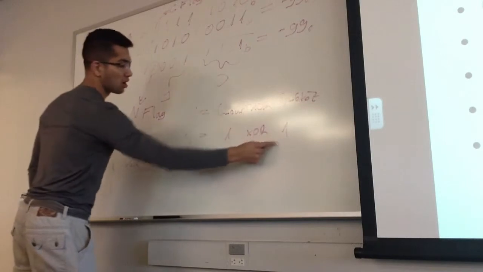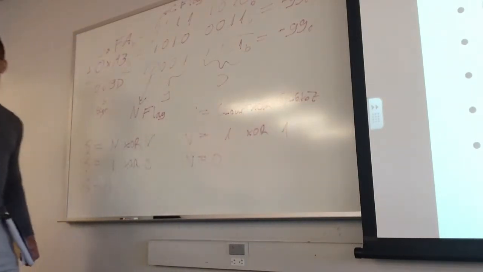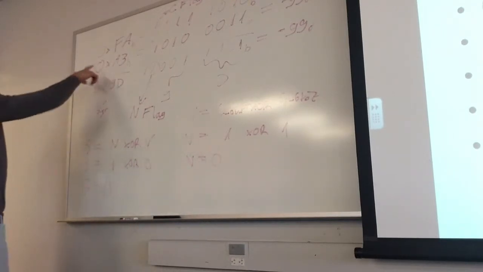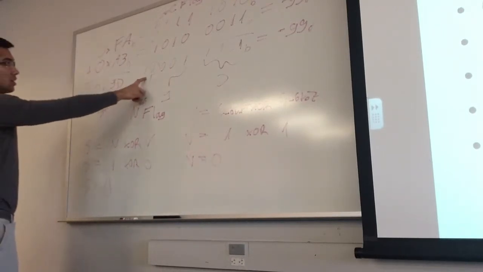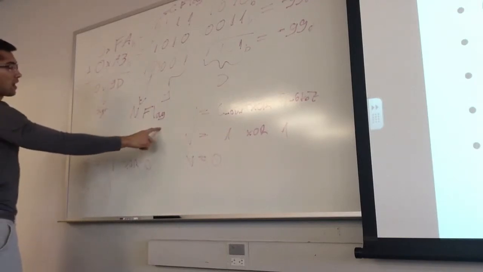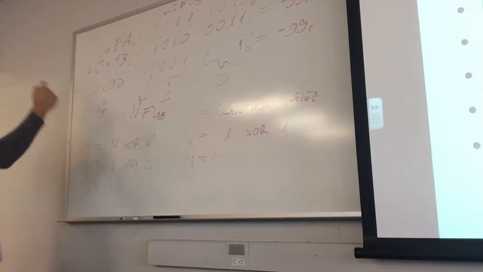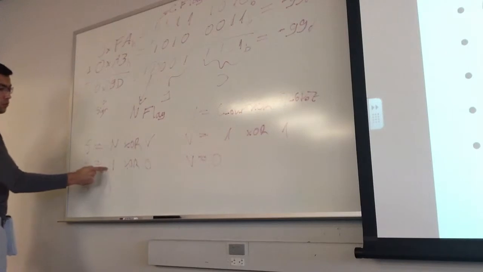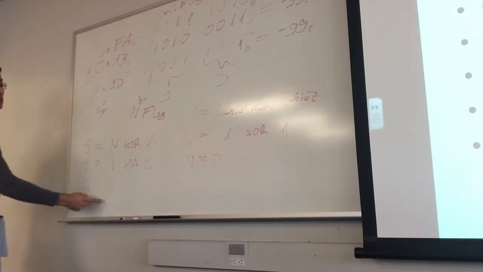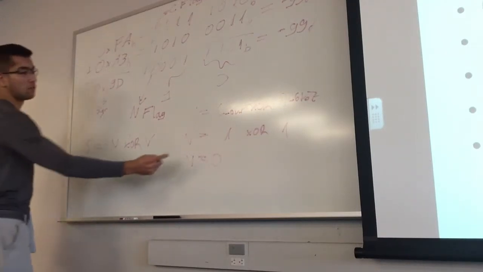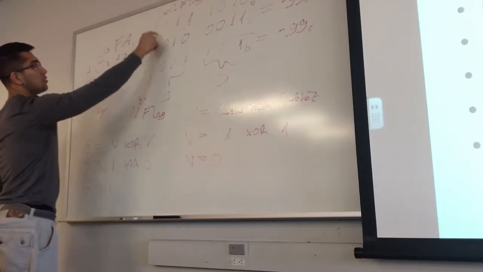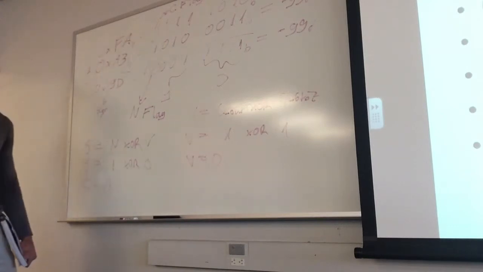So 1 XOR 1 is 0, so there's no overflow. When you do the summation, you've got 1 here, so the N flag is 1. The sign flag is N XOR V, and so 1 XOR 0 is 1. So sign flag is 1, V flag is 0, and C flag is 1, because when we add here, we have a carry out.